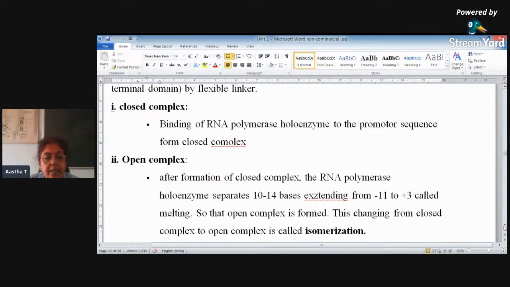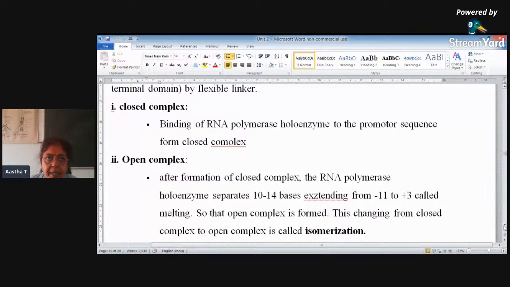Open complex, after the formation of closed complex, RNA polymerase separates 10 to 14 bases from -11 to +3. -35 सिक्वेन्स झाली की -10 सिक्वेन्सच्या पुढे म्हणजे -11 सिक्वेन्स पासून तो 10 ते 14 बेसिस ओपन अप करत जातो आणि +1 +2 +3 म्हणजे इनिशिएशन साइडचे 3 बेसिस ओपन होऊन जातात.